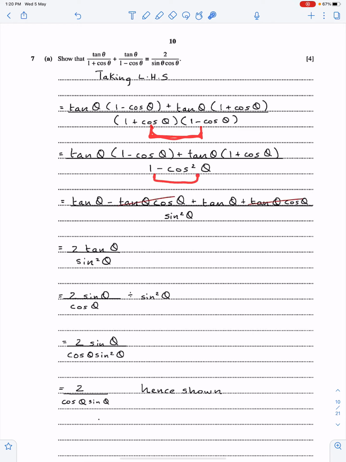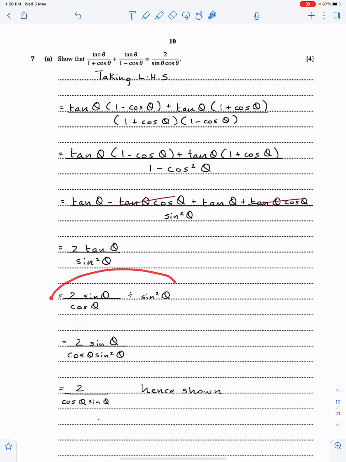So a square minus b square, this will become sine square theta. In numerator, by simplifying these two terms and cancelling, we have 2 tan theta upon sine square theta. You know tan theta is sine theta upon cos theta. So tan theta is sine theta upon cos theta divided by this sine square theta.